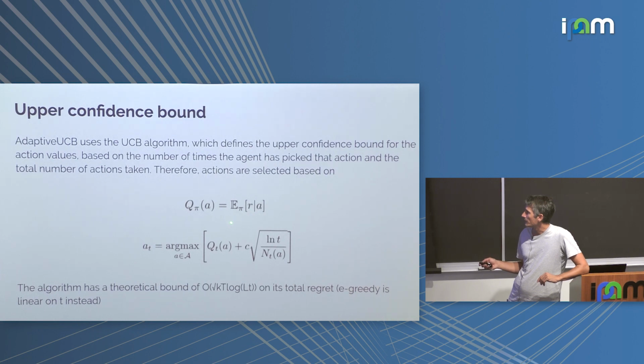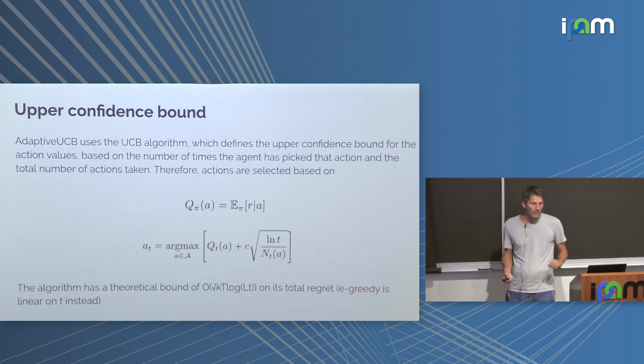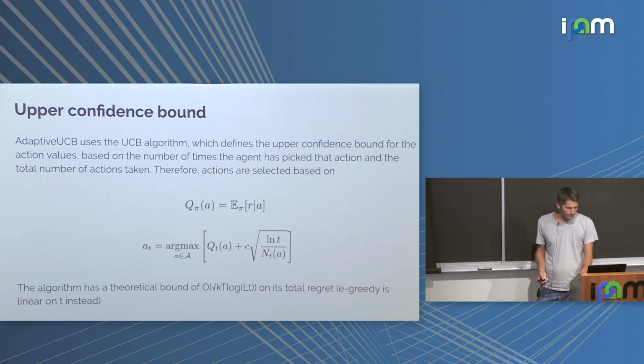In this case, you have a value function, Q of the actions, which we defined, and then you pick the next action based on this value function plus a term with the logarithm of the number of steps that you perform and the number of samples that you have for a given action at that step. So you pick given this formula, and this guarantees that you find an optimal policy.